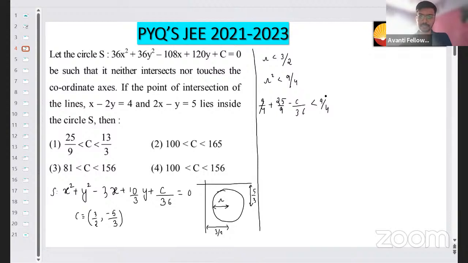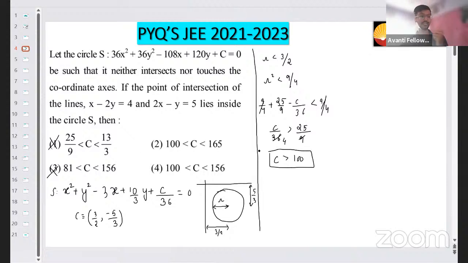I guess this will get cancelled. We'll get c by 36 greater than 25 by 9. Right? 9 4s are 36. So I guess c will be greater than 100. So option 1 and 3 are gone. So it can be either option 2 or option 4. So c is greater than 100.